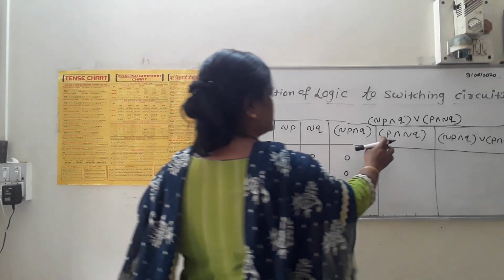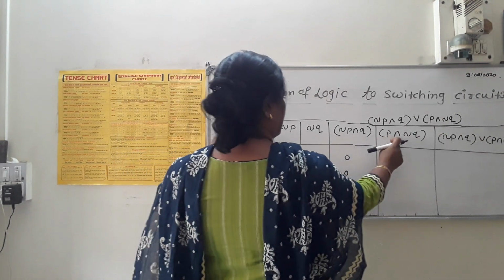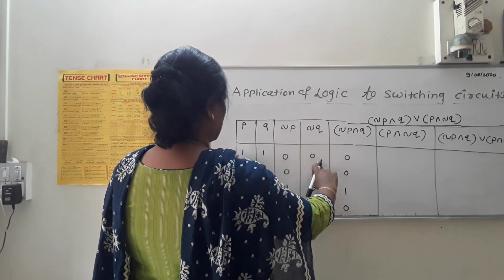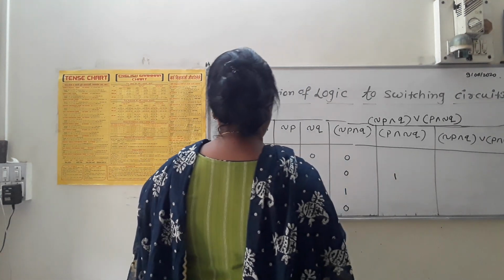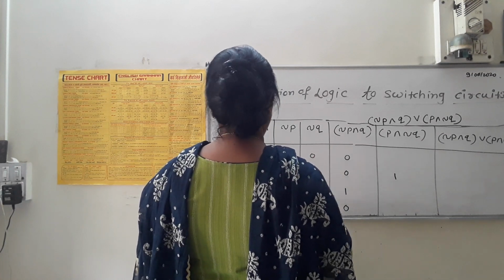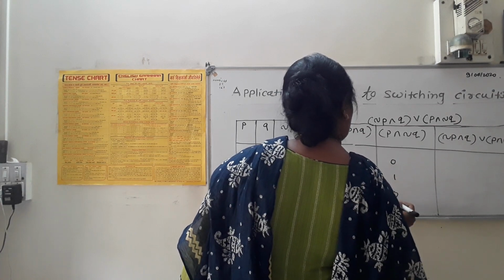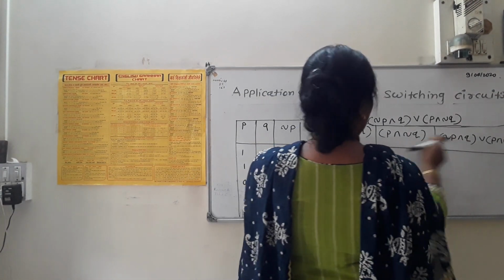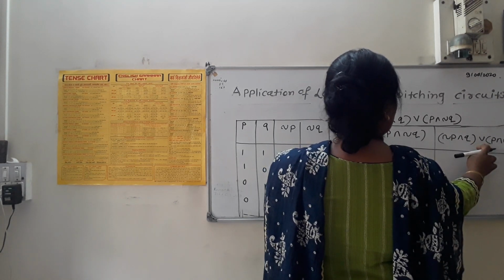Okay, here is P and negation Q. And means conjunction. Here is 1. Here this part, negation P and Q, or, means 0 0 0.